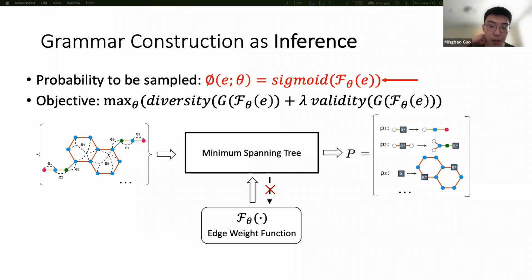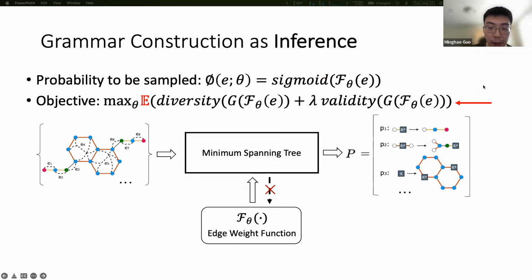So we assign each edge a random variable following the Bernoulli distribution parameterized by this edge weight function, and the probability is just a sigmoid function. The objective is also turned into the maximization of an expectation, and then the gradient can be approximated using Monte Carlo sampling and the REINFORCE trick.